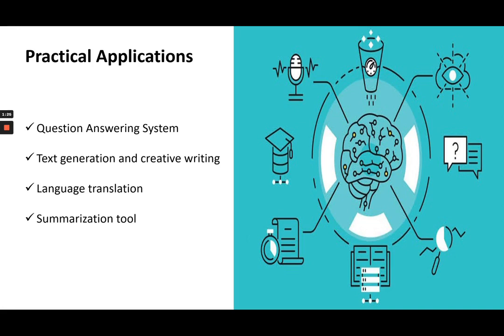Another application is a summarization tool. We have seen there's a lot of demand for summarization of articles, where you might have a very big article and you would like to input that into a tool and just ask for a summary or a gist of it, right? Similarly, we have seen there are some great books, and the summary or the core of that book is just provided in a few lines or a few pages.